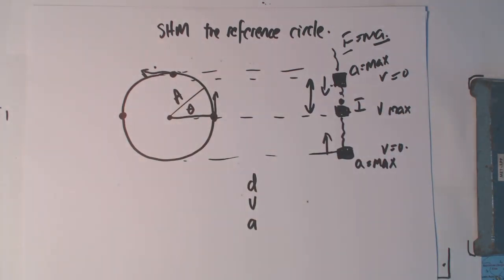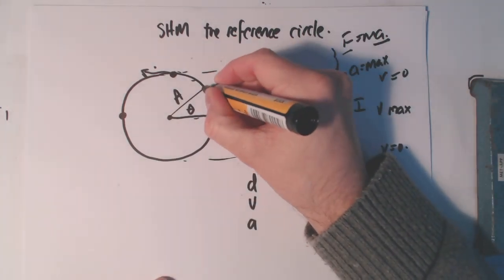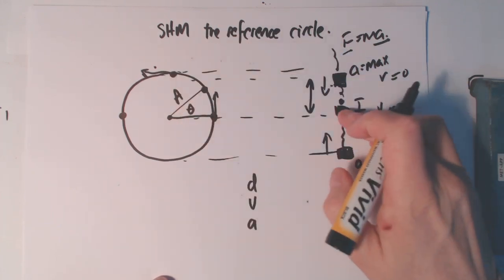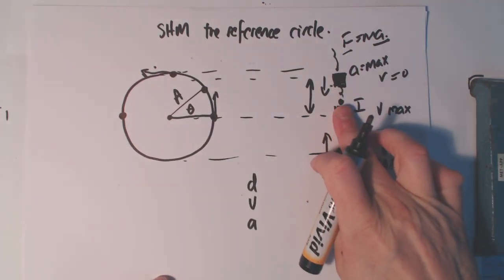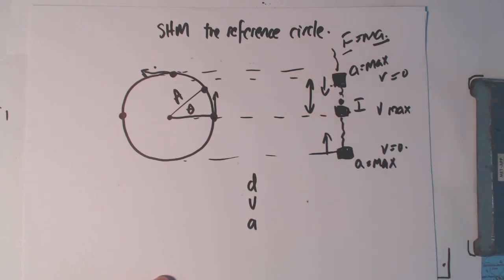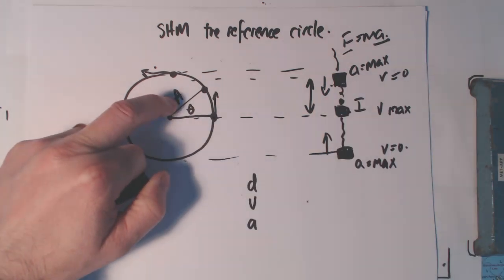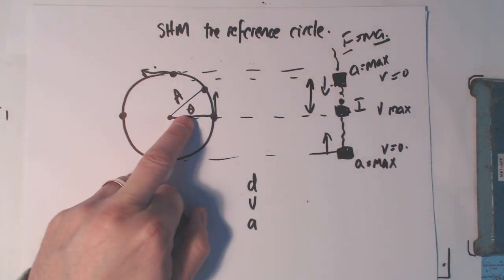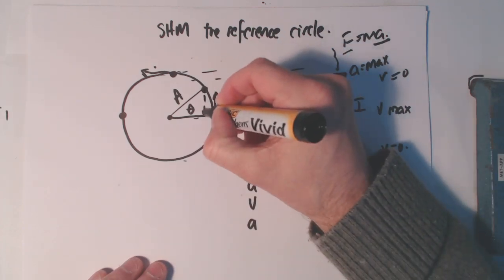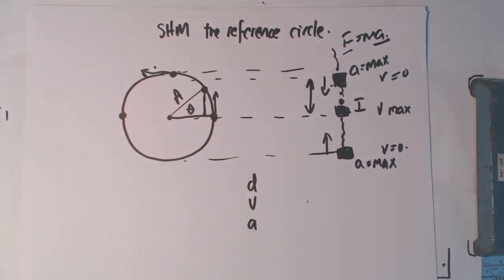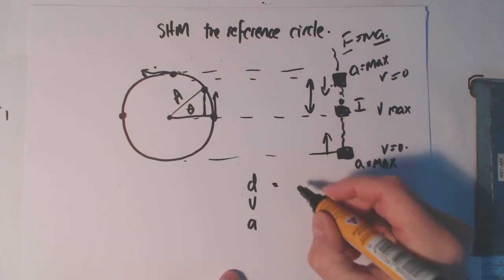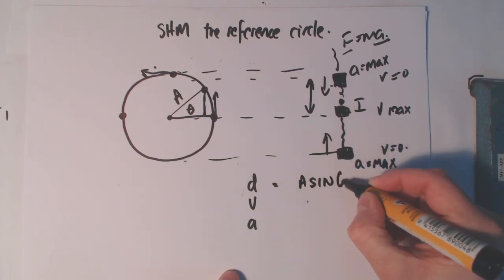And if I want to know the distance, say it's maybe halfway from equilibrium to its maximum point, then that just would become A times the sine of whatever that angle is, right? Because the sine of that angle is the vertical distance. So our first equation is that D is equal to A sine theta.